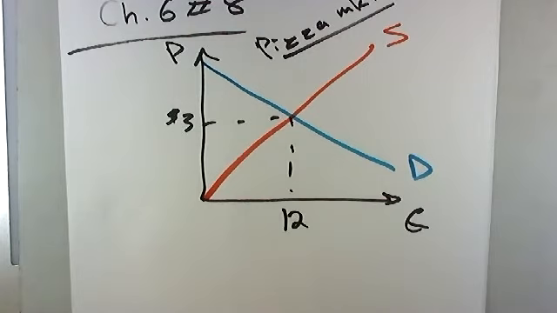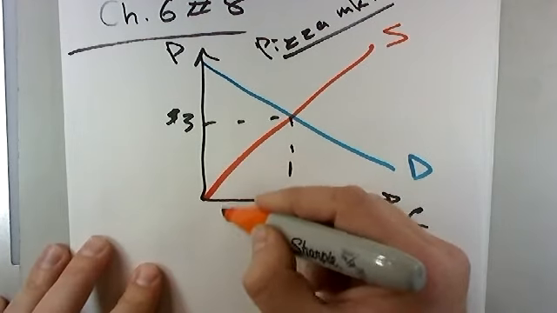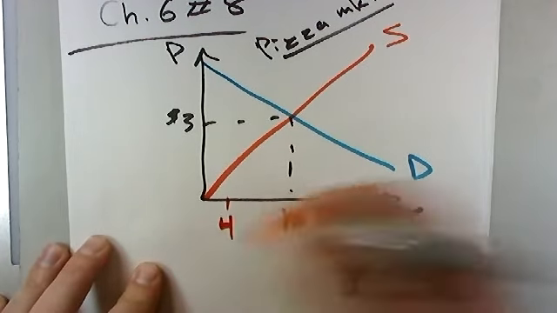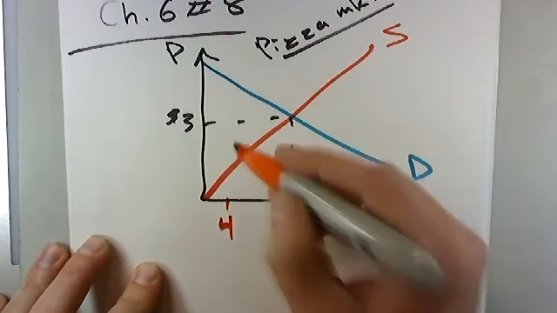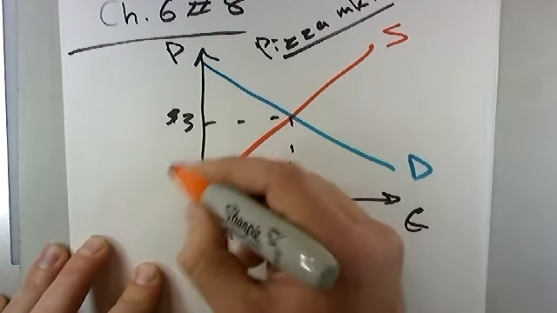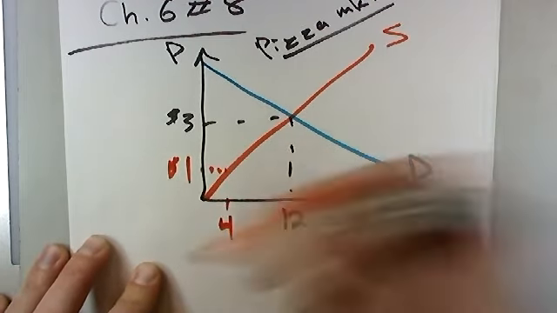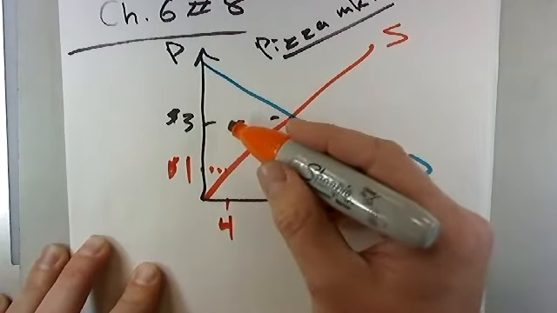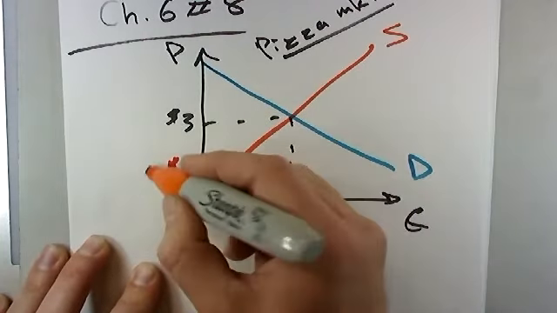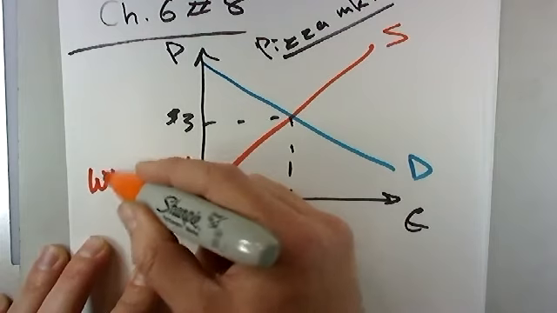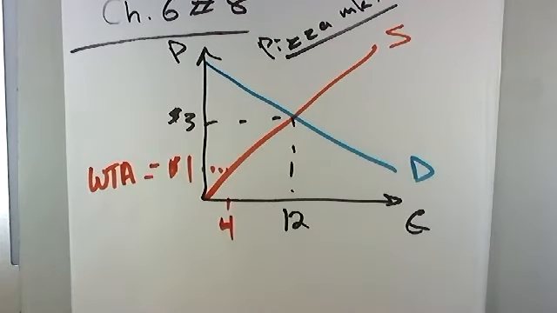In a very similar vein to the consumer surplus, you have some people that would be willing to provide 4 slices of pizza at $1, right? But they're actually getting $3, right? So this amount here we call the willingness to accept. So remember last time we talked about the willingness to pay. This one is just the flip side of it, the willingness to accept.